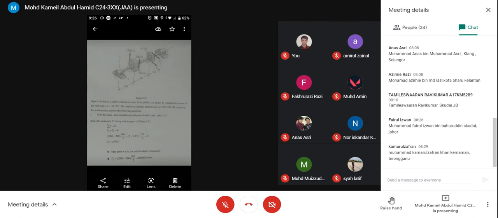Saya tanya dia orang dah masuk section lain ke apa, sebab nama dalam list saya ada. Kemudian yang budak lelaki siapa lagi ni? Ikram ada kah? Syahir. Nanti saya check balik.